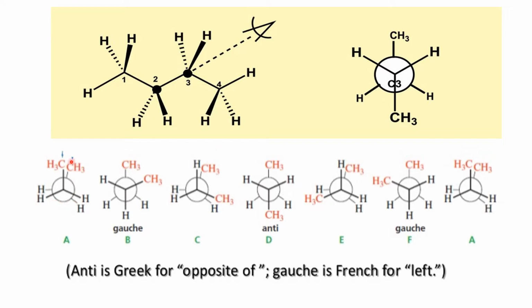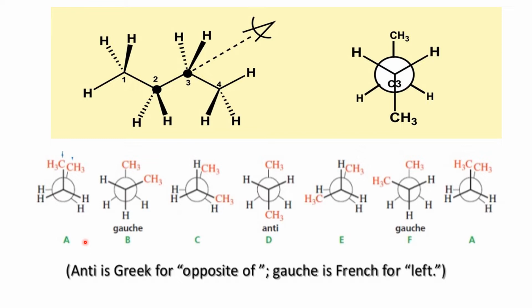So I keep the CH3 group of the third carbon atom constant, and I am rotating the C2-C3 bond so that the first methyl group and the two hydrogen atoms present on the second carbon atom will undergo rotation. See here, now the CH3 group has moved between the CH3 group and the H group. You got it? This rotation is possible so that I will get an infinite number of conformations.